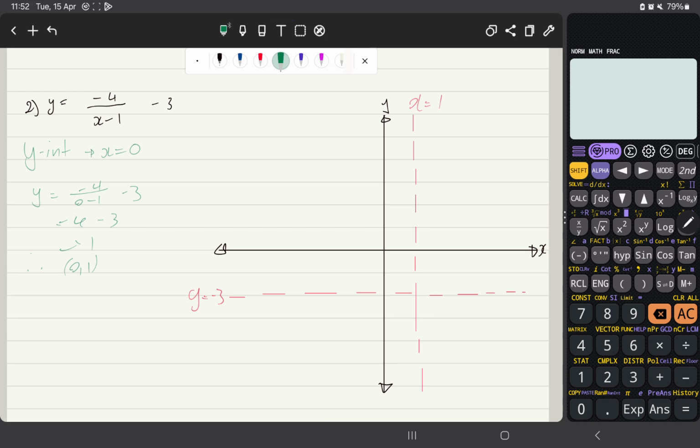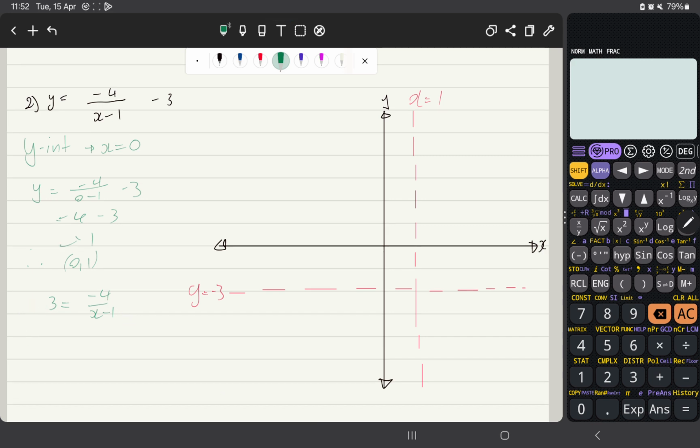And then for the x-intercept, it's a bit challenging. Y equals 0, so you have 0 equals 4 over x minus 1, minus 3. Then remember that rule, I can remove this 0. We can just switch x minus 1 with 4 over 3, and then we go x equals 4 over 3 plus 1.